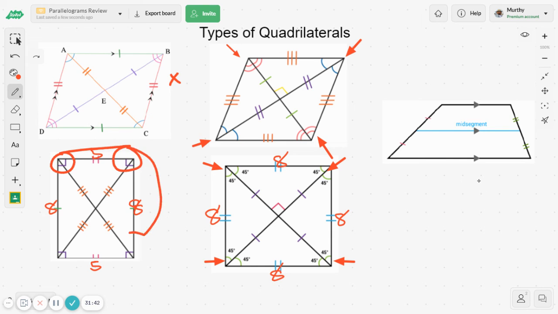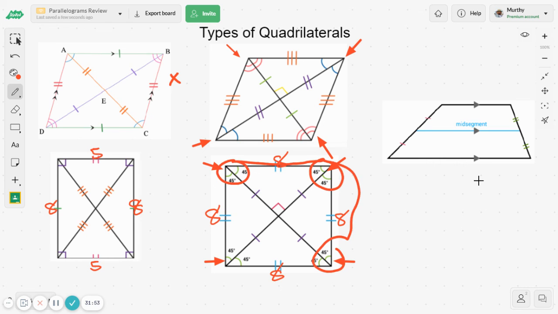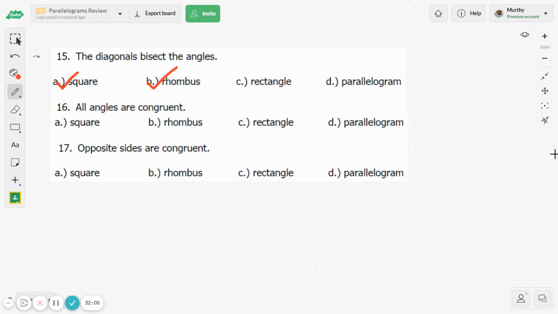This is 90. All angles are 90, right? Even in a square also, all the four corners are at 90 degrees. Therefore, I can say that, yes, I can go with a square and a rectangle. So please remember, sometimes you'll have more than one answer.